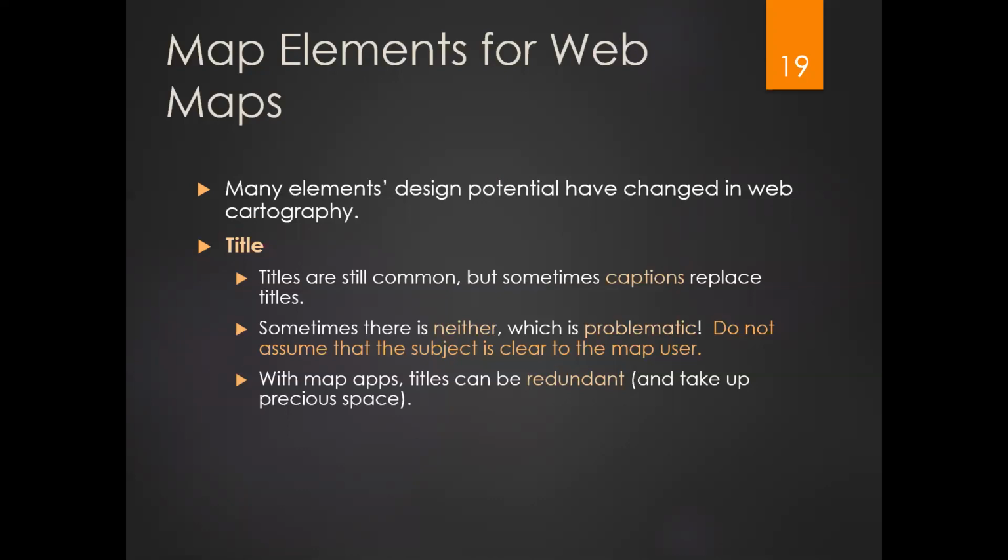For example, when you are checking your Google Map or your Apple Map, there are no titles, right? In that case, you don't have to provide titles. So titles and captions in web maps are not musts, which means you have to decide if a title or a caption is necessary. If not, simply ignore them.